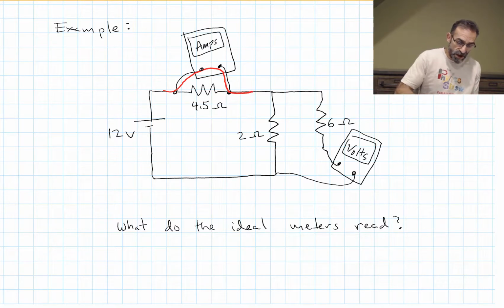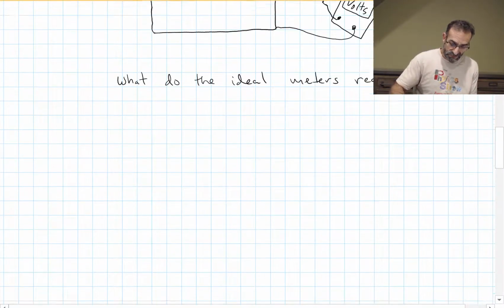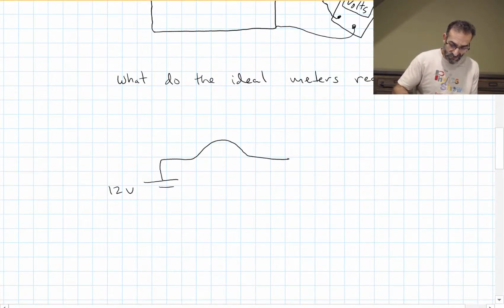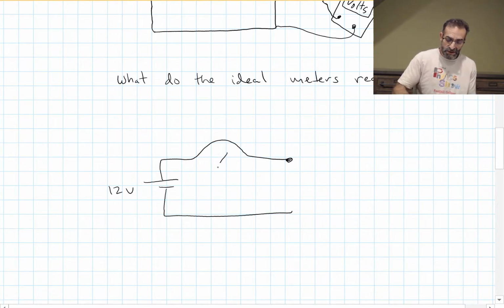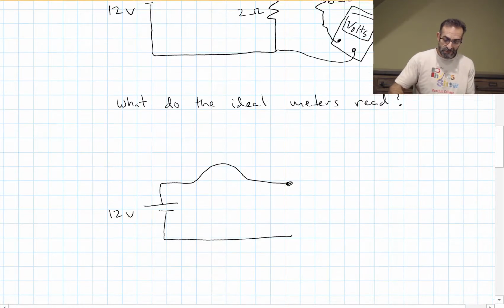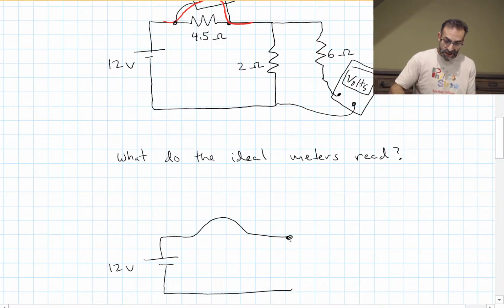So I'm going to redraw my circuit. Nothing is going through that resistor. It's all going through the ammeter. I have a 2 ohm resistor here.